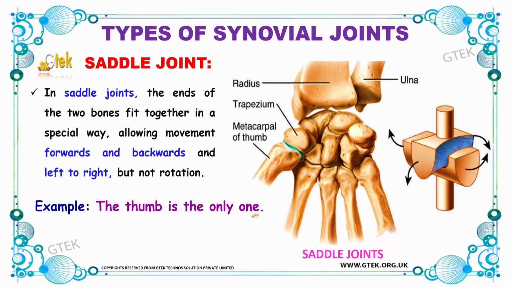For example, your thumb has the saddle joint, which allows the movement in forward and backward and left and right, but it does not allow rotation.